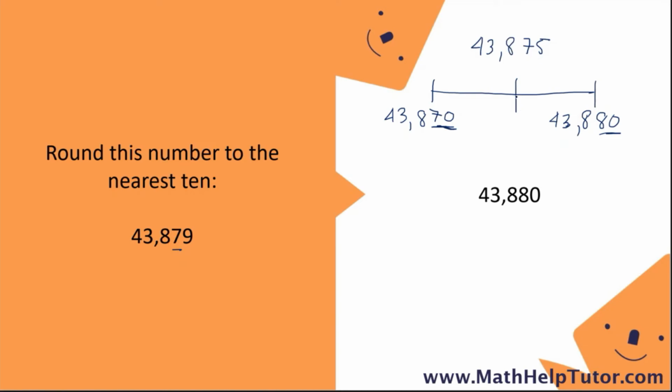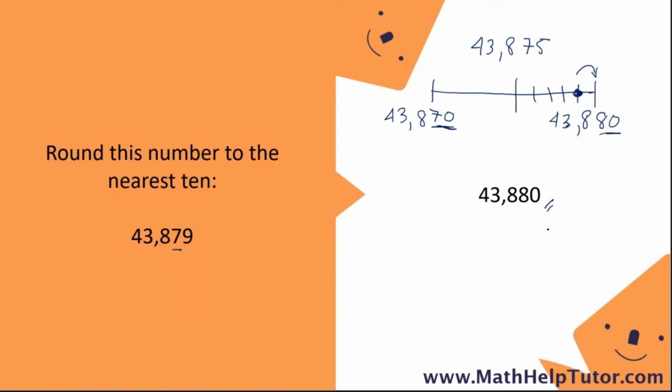Next, we look for our number in this number line. So if this is 875, should be 76, 77, 78, 79. Our number should be here, 43,879. So since our number comes after 43,875, or is larger than 43,875, then we know that it is nearer to 43,880, which is our answer.